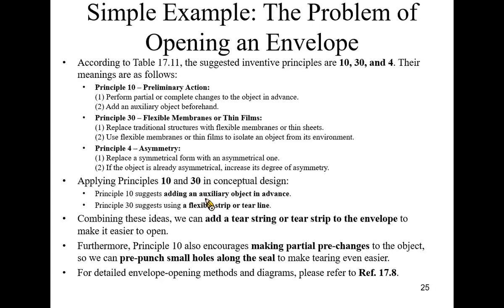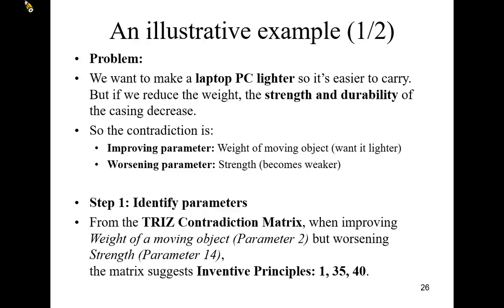Besides, principle 10 also encourages making a partial pre-change to the object, so we can punch small holes along the seal to make tearing even easier.